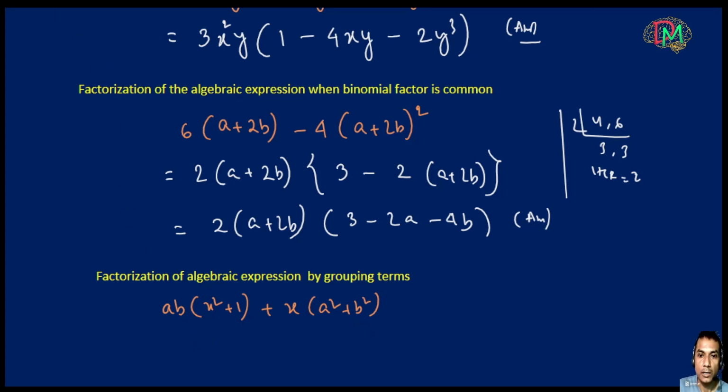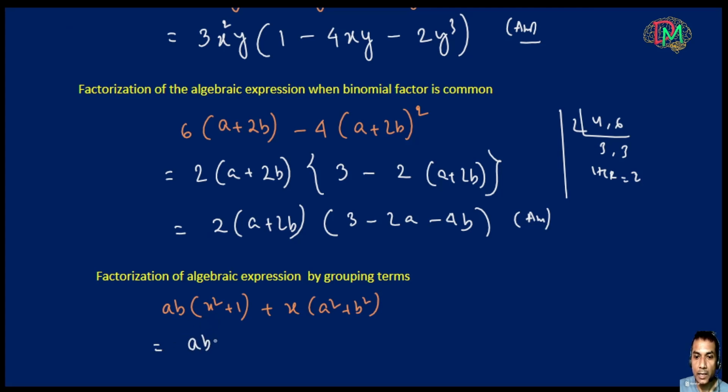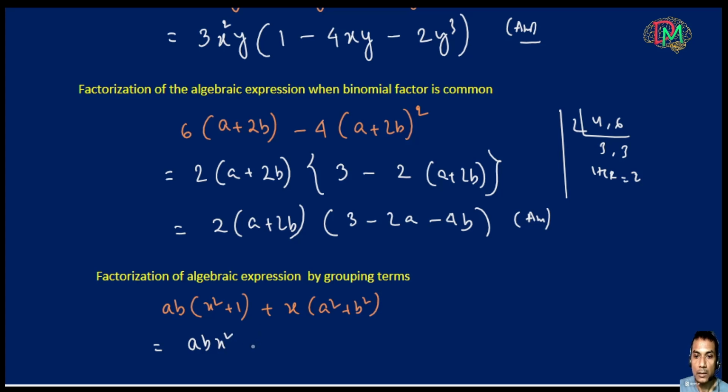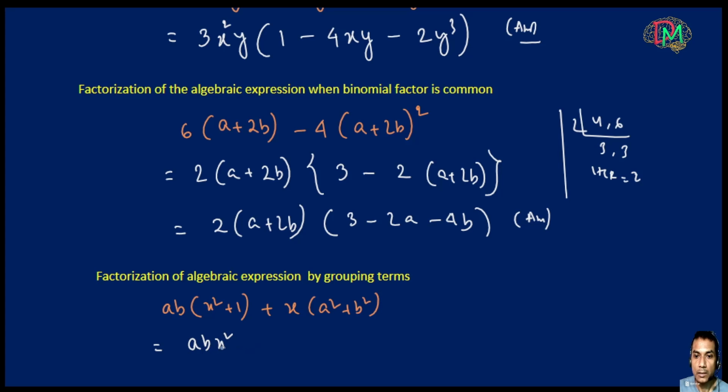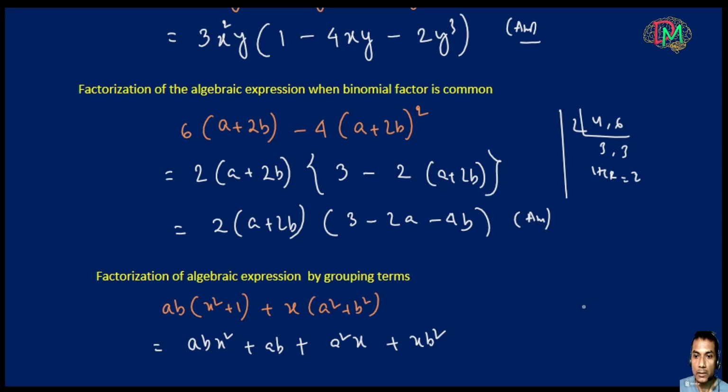How can you do that? First we just remove the brackets using the distributive property: abx square plus ab plus a square x plus a x b square.